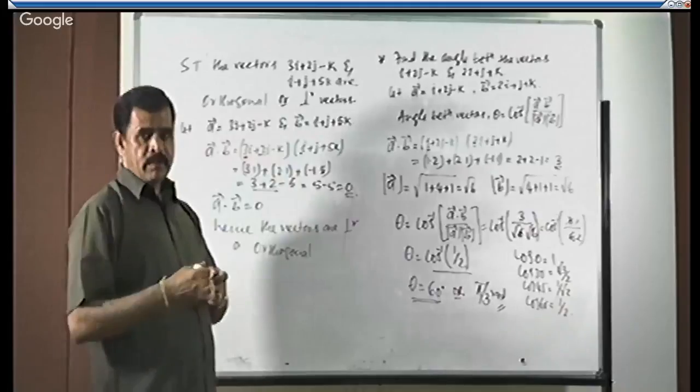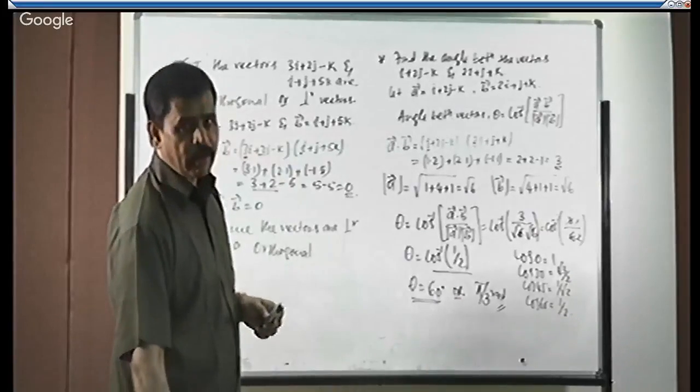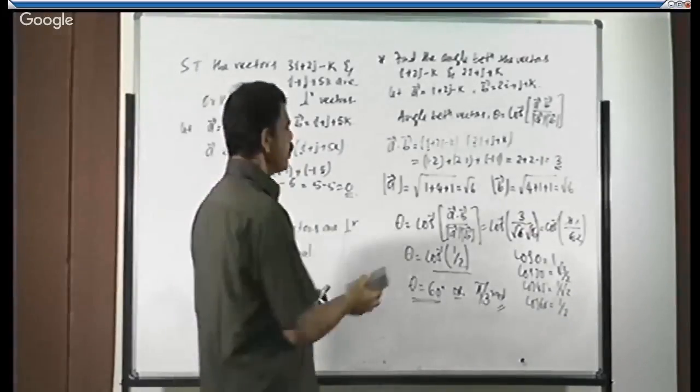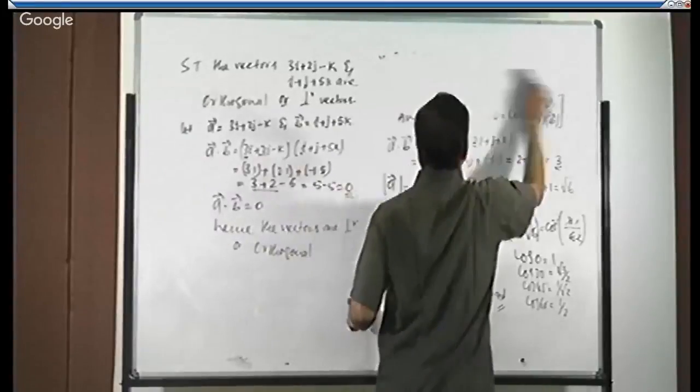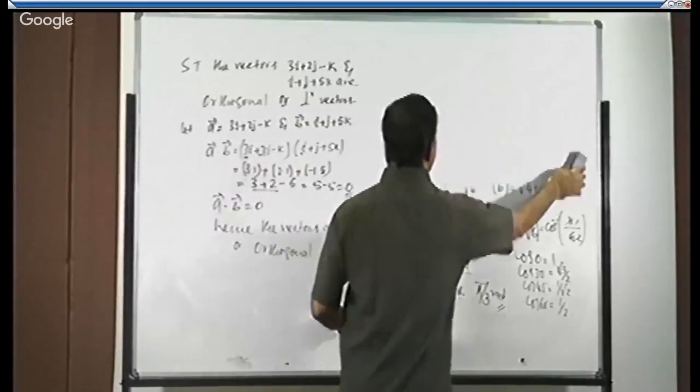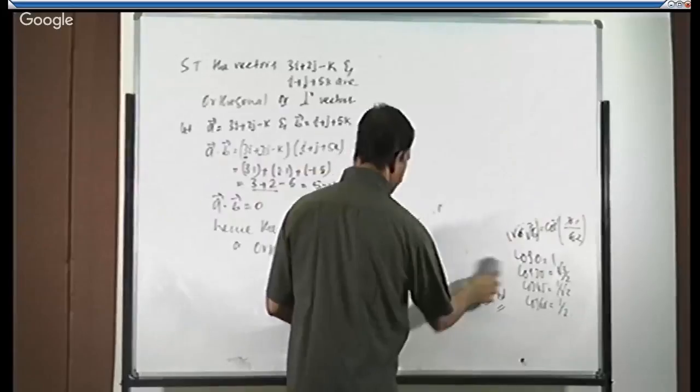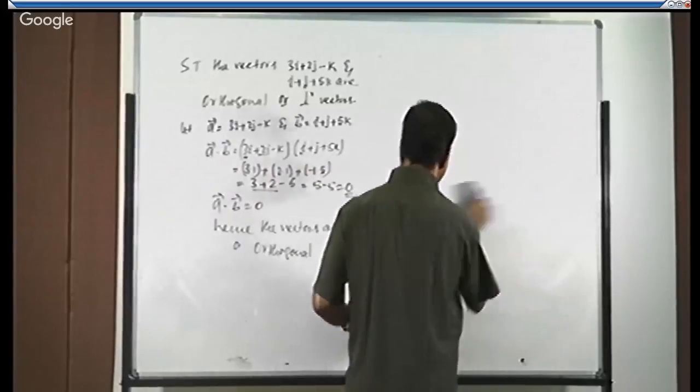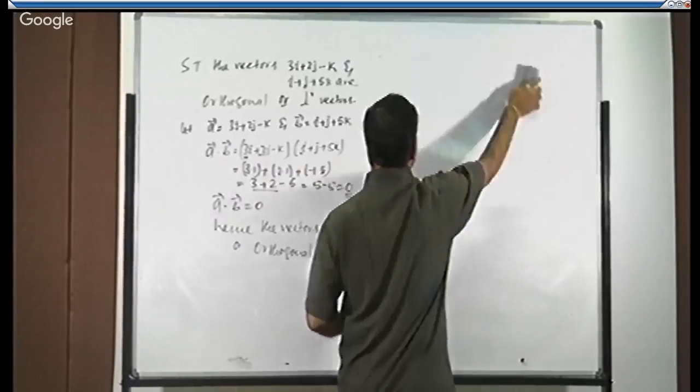The vectors are said to be orthogonal or perpendicular, provided their dot product is always 0. Sometimes a cross question will be asked based on these perpendicular vectors.